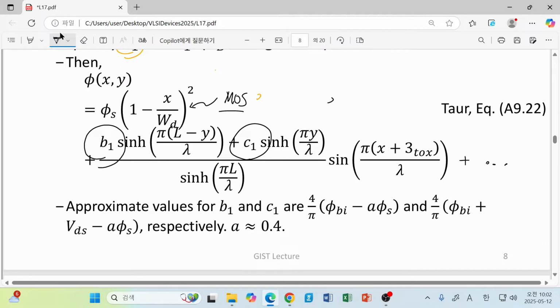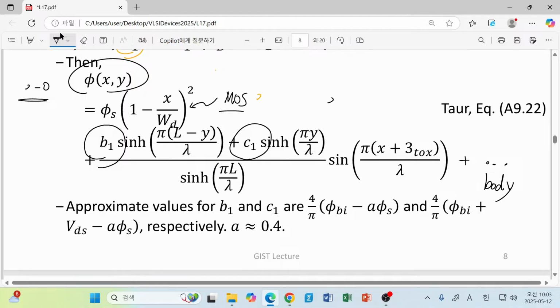That is corresponding to the body part, the substrate part, but that is not included in this case, because more or less we are interested in the potential at x equal to 0, the surface potential, and that surface potential is not that much affected by this substrate condition, so we just neglect it.